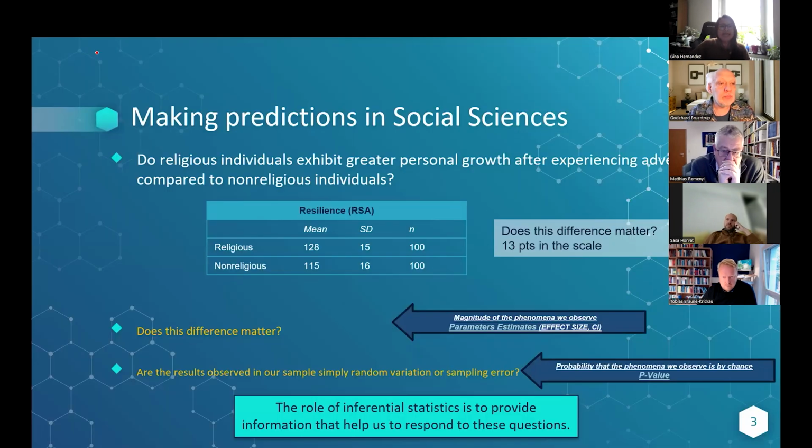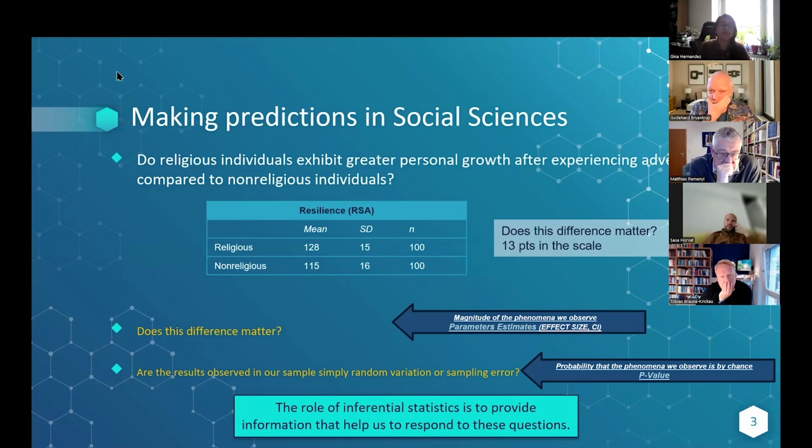So how do we make predictions in social sciences and in the humanities? As I already told you, first, we must start with a research question. For example, let's have this research question: do religious individuals exhibit greater personal growth after experiencing adversity in comparison with non-religious individuals? This is one research question that I can try to tackle.